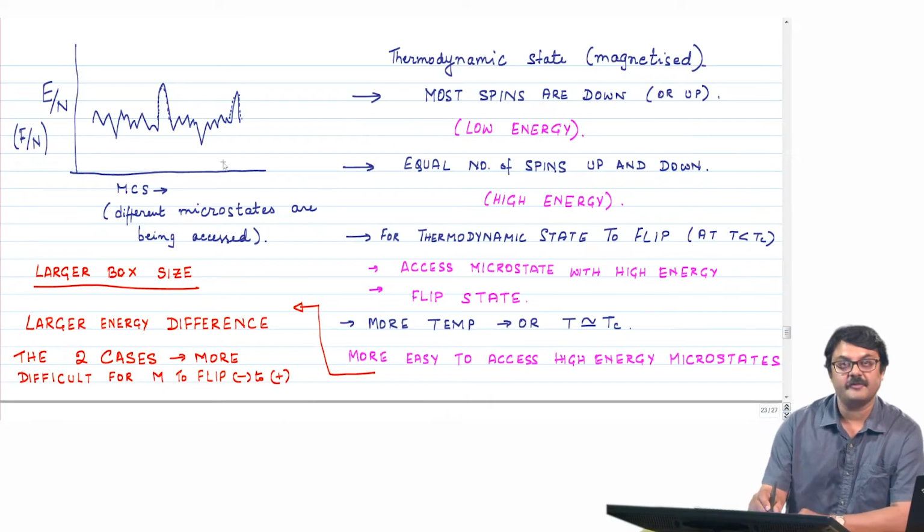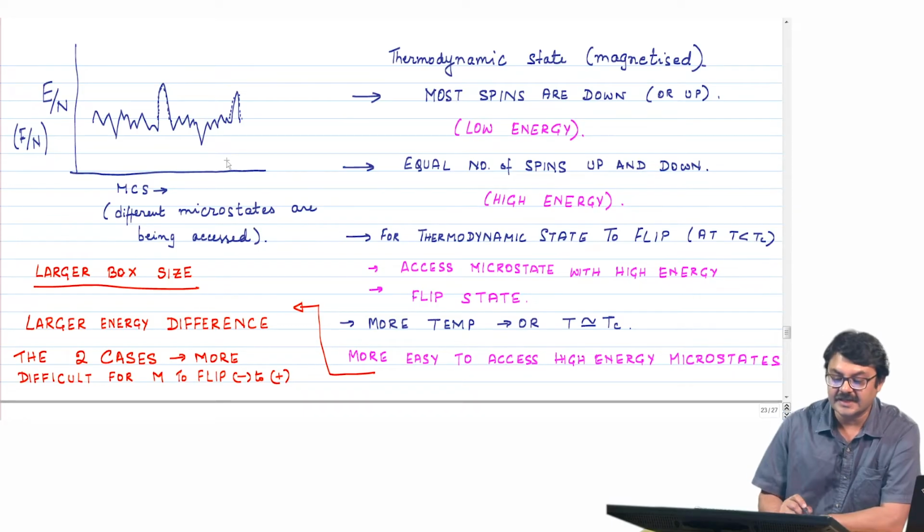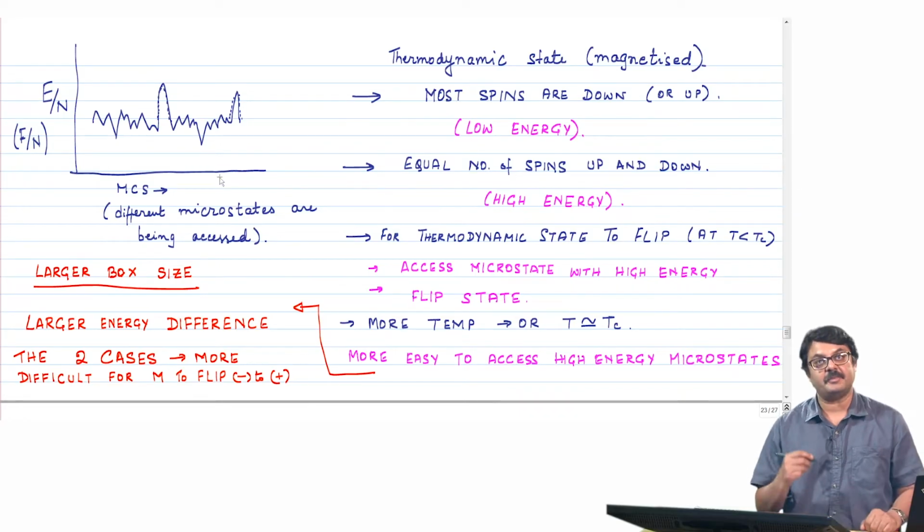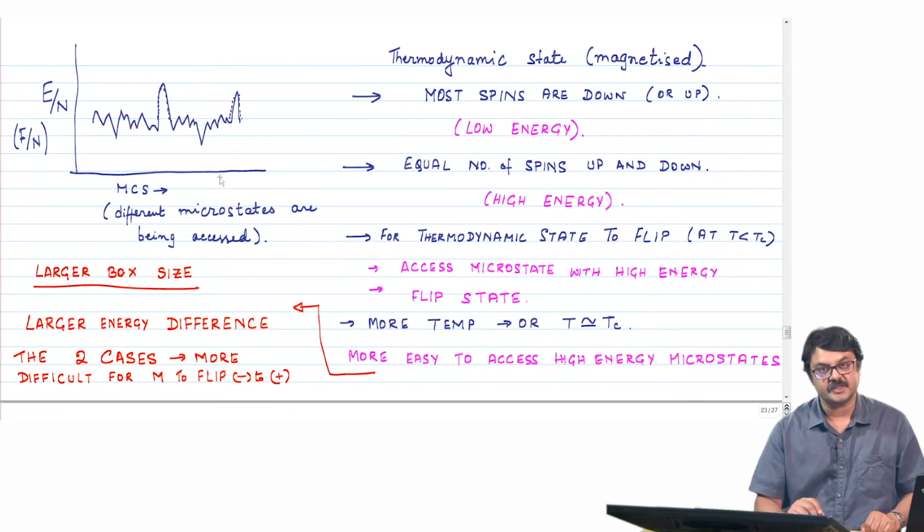Here, what we have plotted is the energy per spin versus Monte Carlo steps. As different Monte Carlo steps are being accessed, the system is going from one microstate to the other.